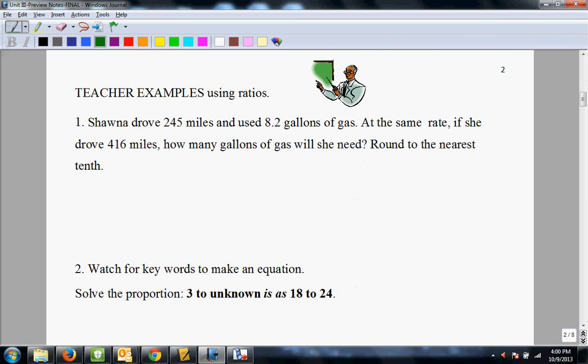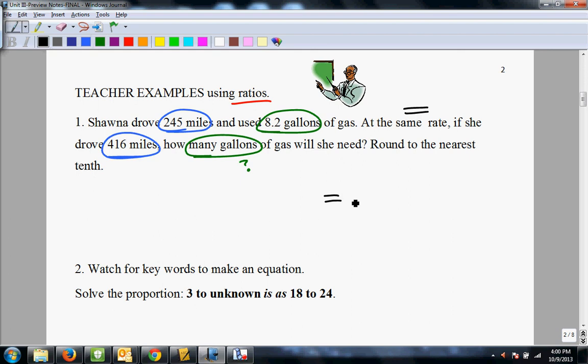Now, we have to be comfortable using ratios, so we're going to do a few problems. It says Shauna drove 245 miles, and she used 8.2 gallons of gas. At the same rate, that means there's an equal sign there somewhere. If she drove 416 miles, how many gallons of gas will she need?